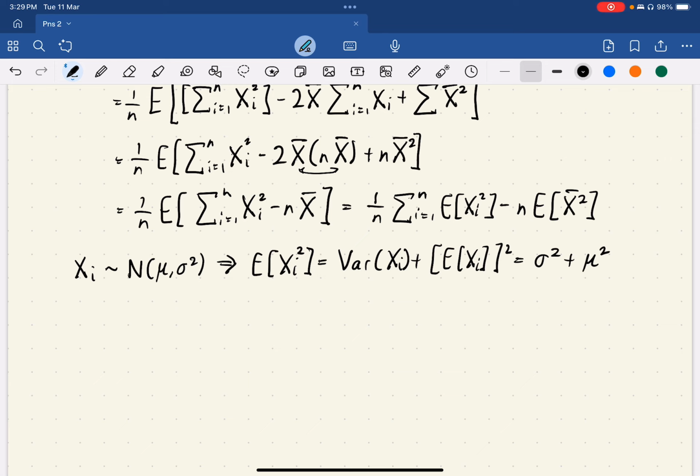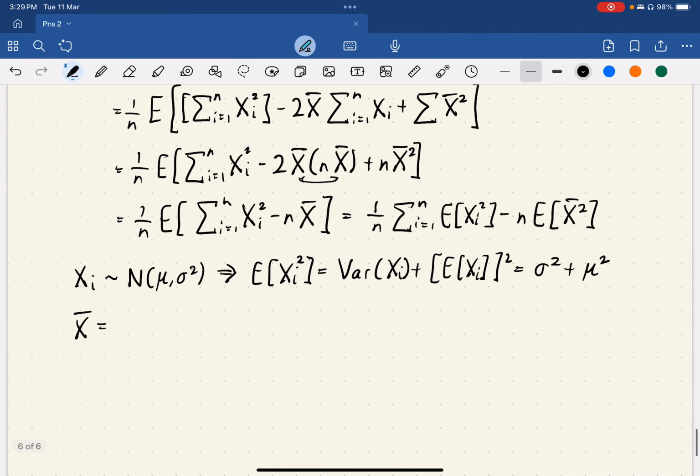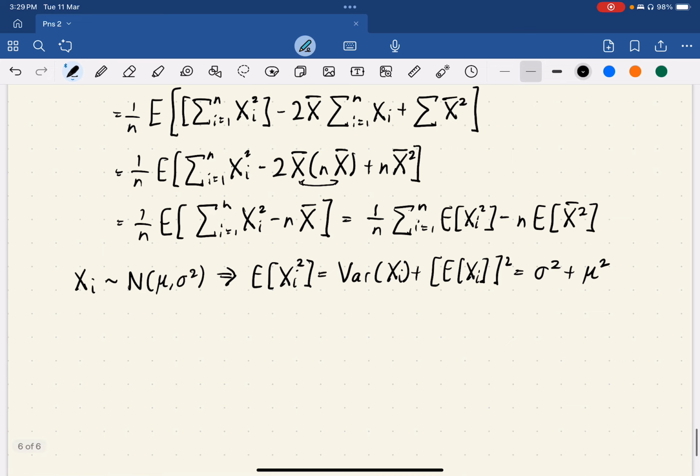True, right? Okay, what about x bar? We know the expectation of x bar already. This is just mu.